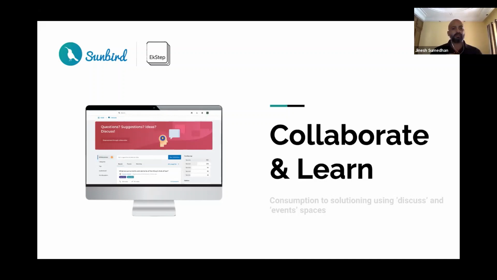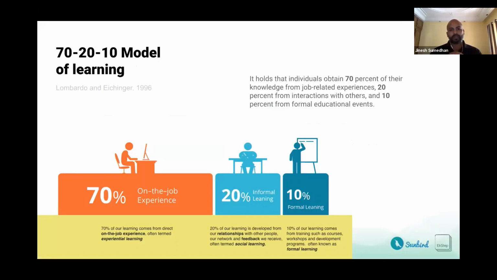So let me give a particular construct. There's a 70-20-10 learning model. What this essentially says is that only 10% of the learning usually comes from formal learning practices, such as trainings, in-classroom experiences, participation in workshops, and things like that. The 20% is informal learning.